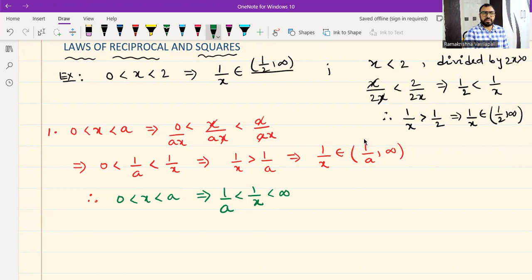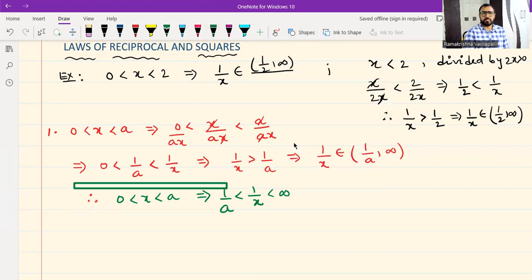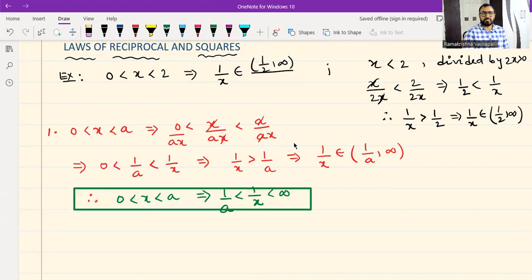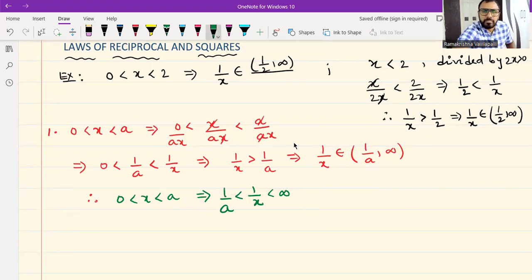So this is very, very important. Okay, decoration is not needed. We understand the concept. Second one. Here these two quantities are positive.